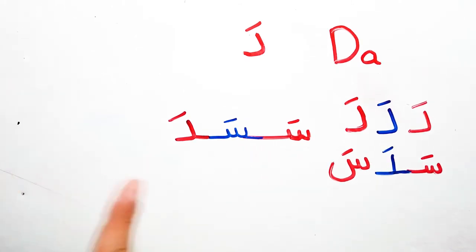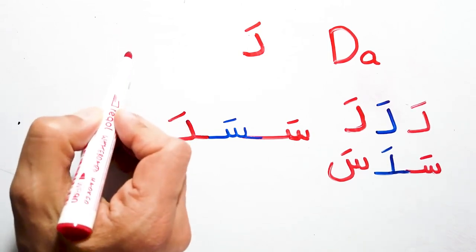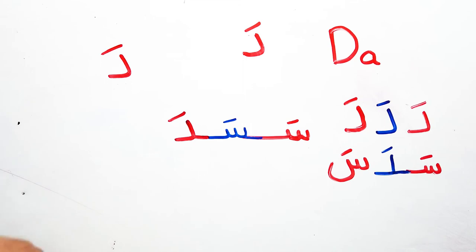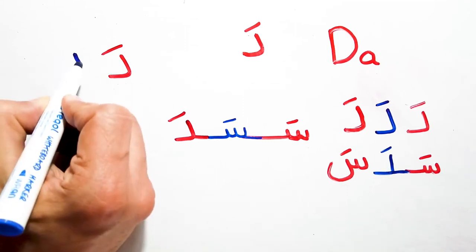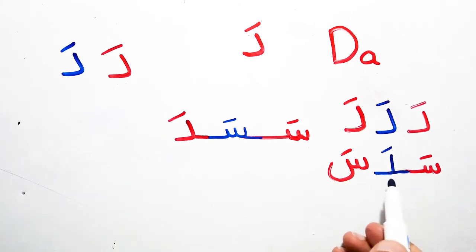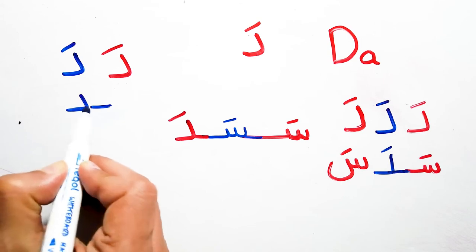Okay, so the shapes of da: in the beginning of the word, it is always like this. Always. Da. As you see here, da. The shape of da in the middle of the word can be like this, da, like here, or like this when the previous letter is not a refusal letter.